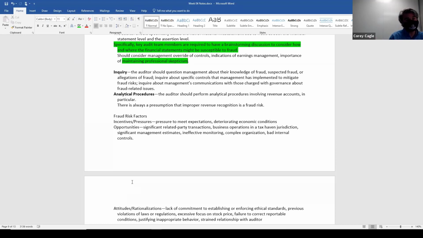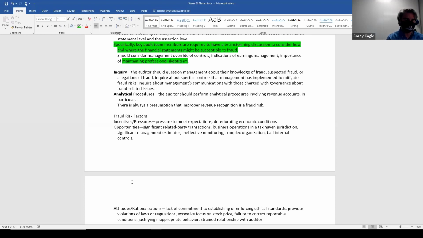Opportunities, related party transactions. That's something we always want to pay attention to. Business operations in tax haven jurisdiction. That's a little out there. Significant management estimates, bad monitoring, complex organization. Think Enron. That was so very complex. Bad internal controls creates an opportunity.